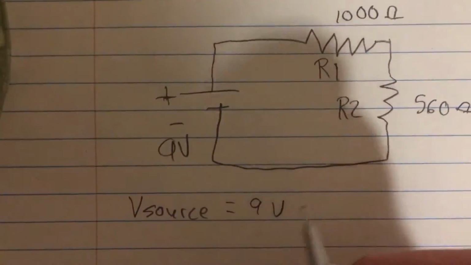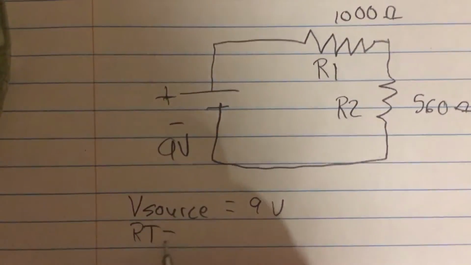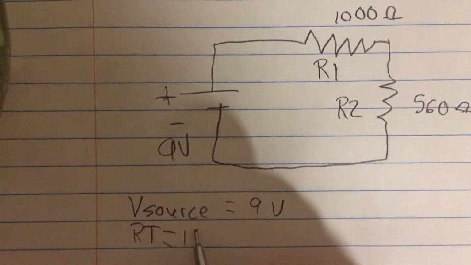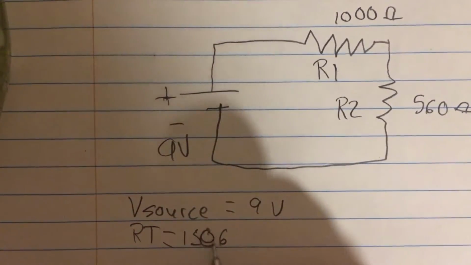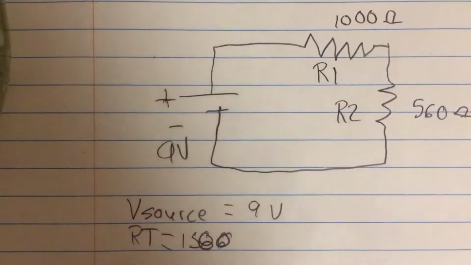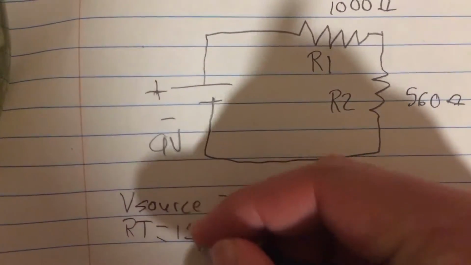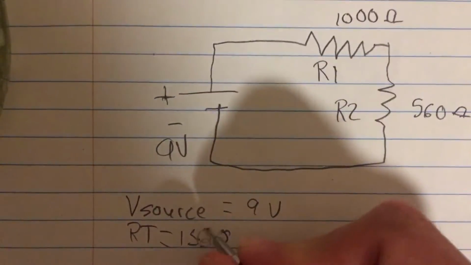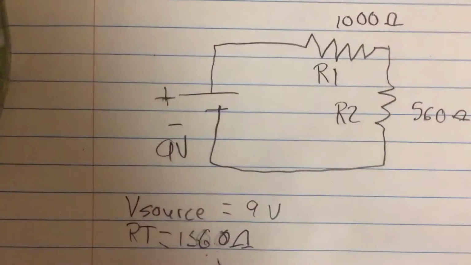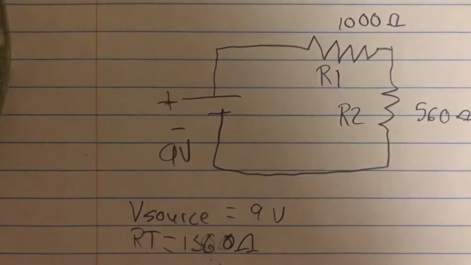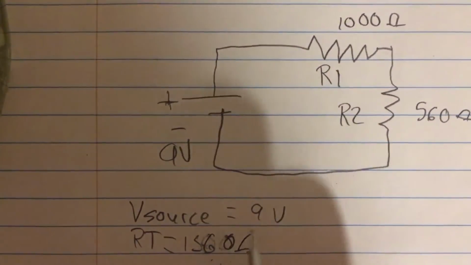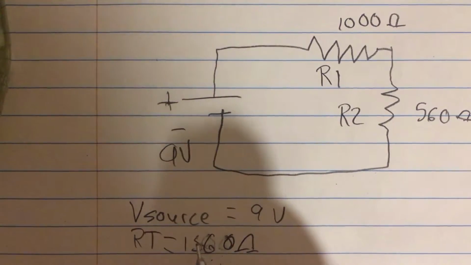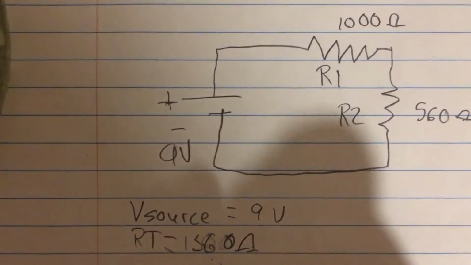We also know that our R total, considering that this is in series, is 1,560 ohms. So V total is 9 volts, and R total is 1,560 ohms.